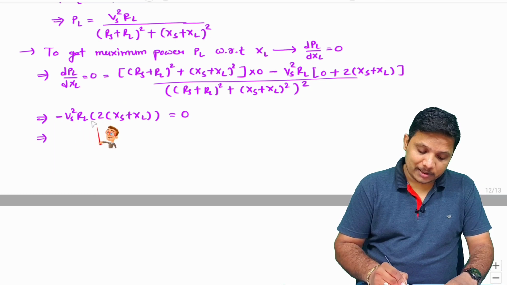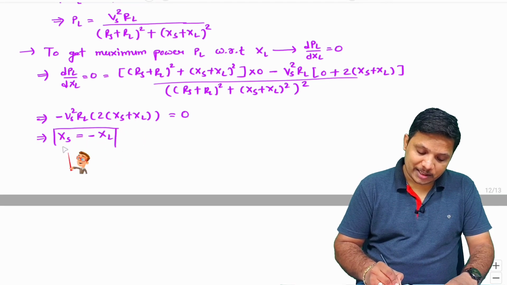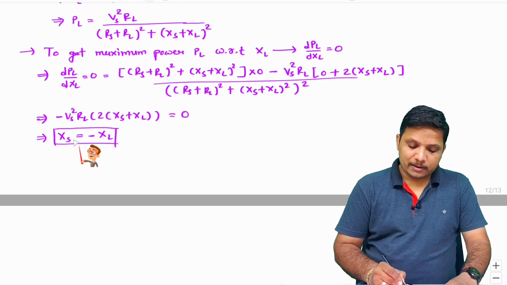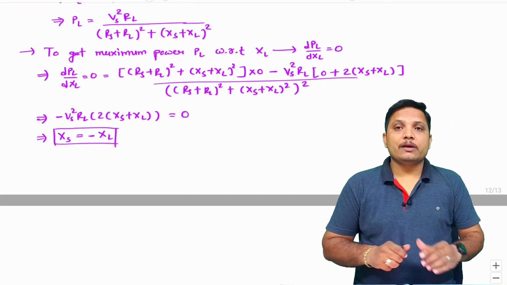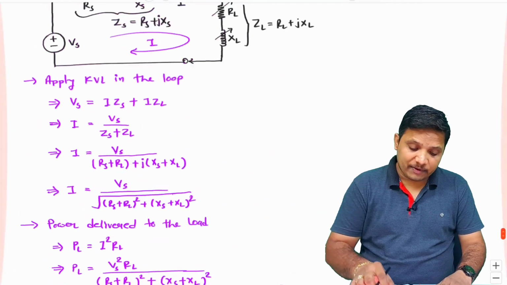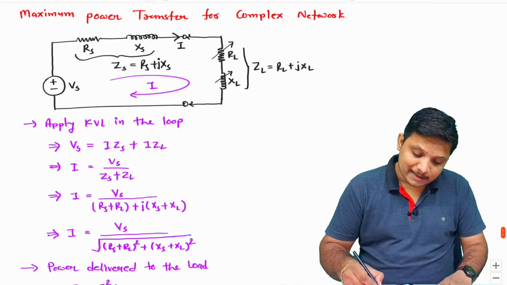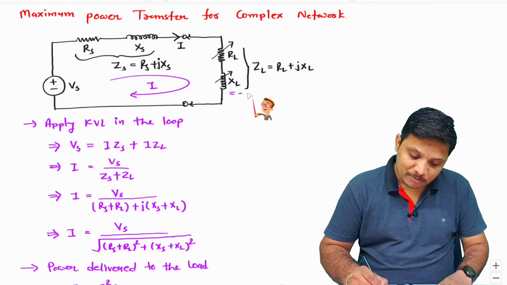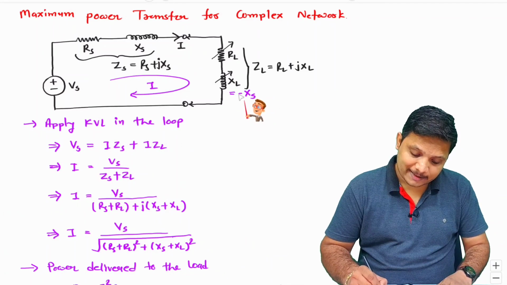Now you see this constant will again be multiplied with 0, so I can say XS is equal to minus XL, that is the basic condition which is there with XL, right? So here is the first condition that we have identified, and that is this XL should be equal to minus XS, right?